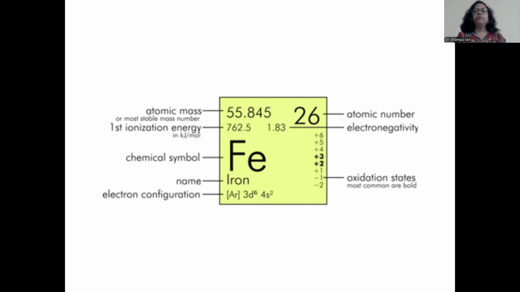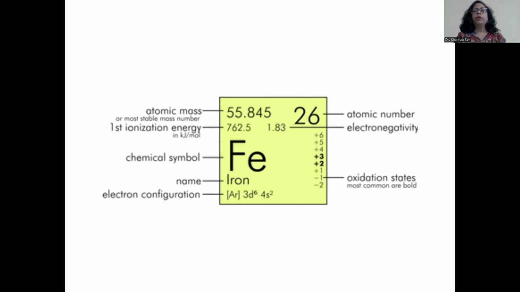We will learn as we are moving through the slides. And electronic configuration is represented at the bottom left corner, and on the right side there are a number of figures with plus or minus sign. These are the oxidation states exhibited by iron.